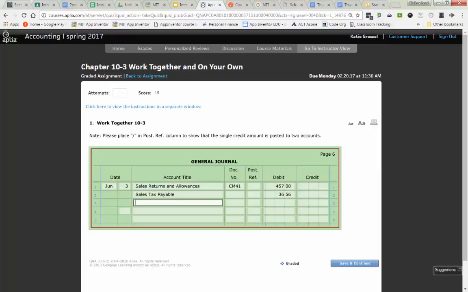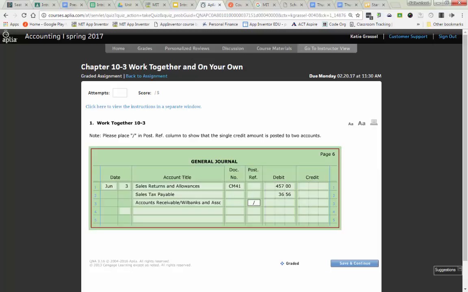My third line is going to be my credit, and that's going to be accounts receivable / Wilbanks and Associates. And because I have a slash in the account title, I have to put a slash in the post reference. If you don't do that, it will be wrong. And then on this line, we're going to do a credit for the total amount of product and sales tax that Wilbanks and Associates is returning to us.